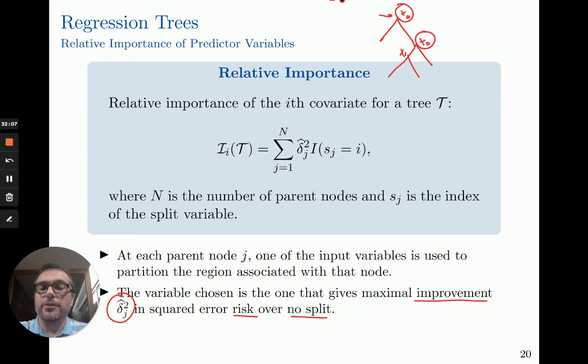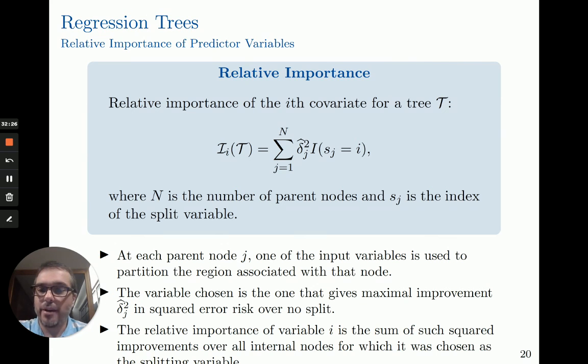And the relative importance of x1 will be the decrease in MSE of the third split, and so on and so forth. So we can compute the relative importance of each variable, okay? I hope it's clear.